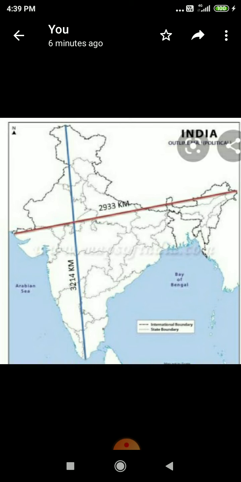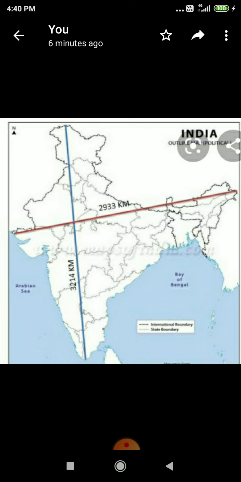Now, see the longitudinal and the latitudinal distances as well as in degrees. From east to west, when you see the map, we have a distance of 2,933 kilometers.